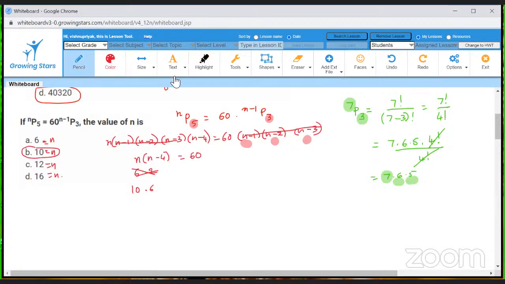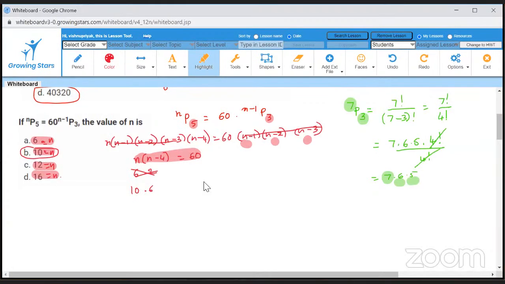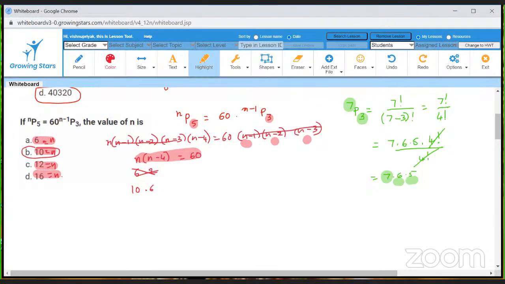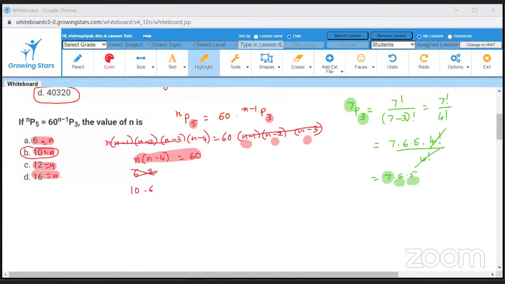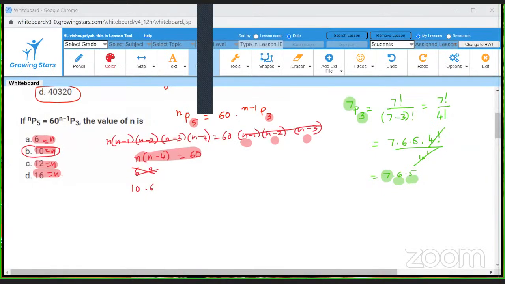So instead of solving this equation, in place of n, you can put different values and test where you will get 60. That is another shortcut method. Shortcut method means always you need not memorize formulas. Sometimes your own brain will tell you what shortcut method can be used. But for that, as I told you, you must be good in maths.